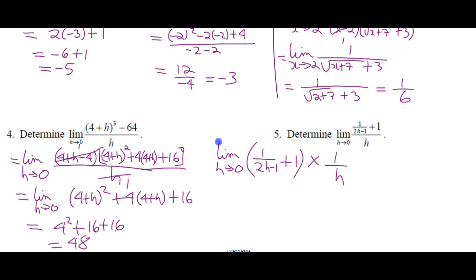Because it is the whole numerator that's being divided by h or multiplied by 1 over h. Okay, need a common denominator, right? Which will be 2h minus 1. So the 1 is already over 2h minus 1, so that's good. Plus, now that 1, to put it over 2h minus 1, I'm going to have to multiply it by 2h minus 1. So it's going to be 1 plus 2h minus 1.